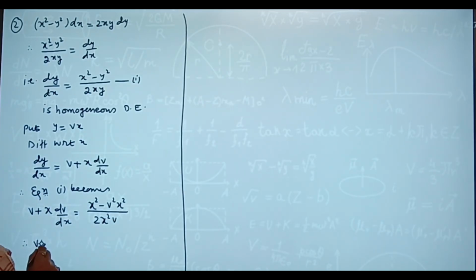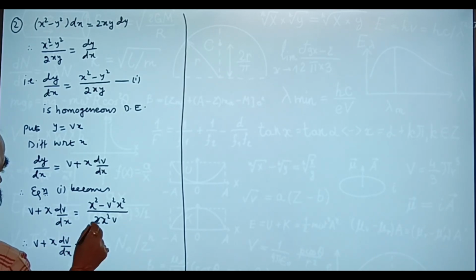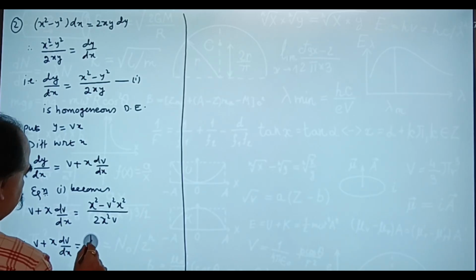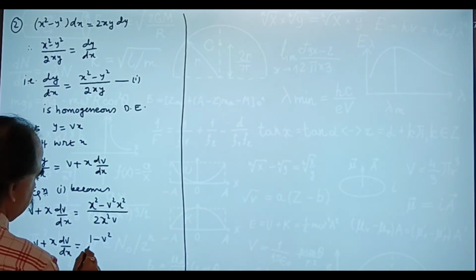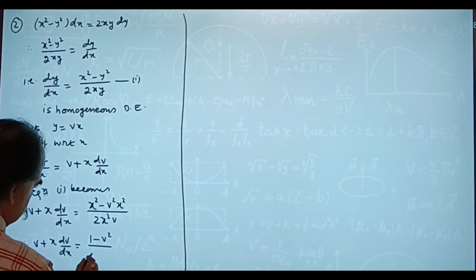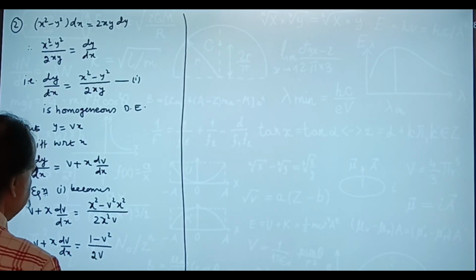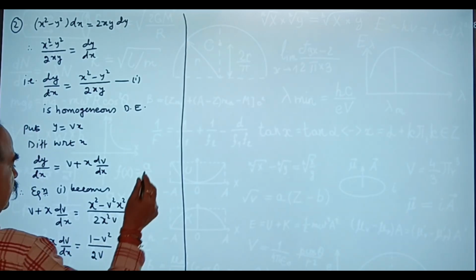Therefore, v plus x dv by dx is equal to x square common, 1 minus v square upon 2v. Transfer v on that side.